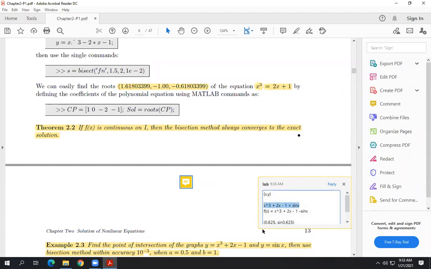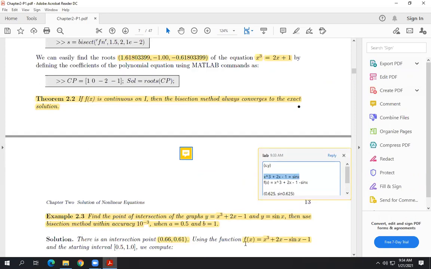When you have this equation, what is your next job? Now you can easily find your function: take all the terms to one side, making the other side equal to 0. What is your f of x? x cubed plus 2x minus 1 minus sine x. Now this becomes the easy one. This is your function now. You have a function and an interval.